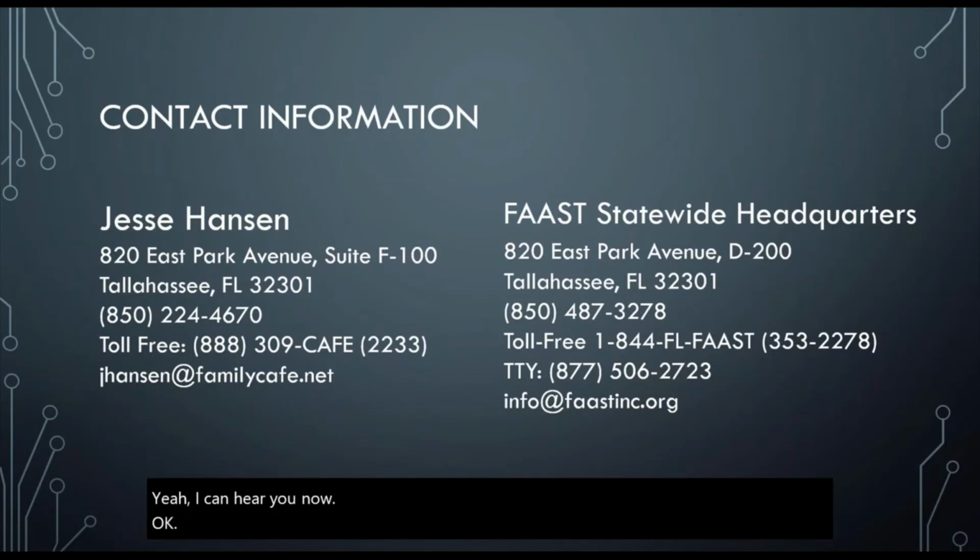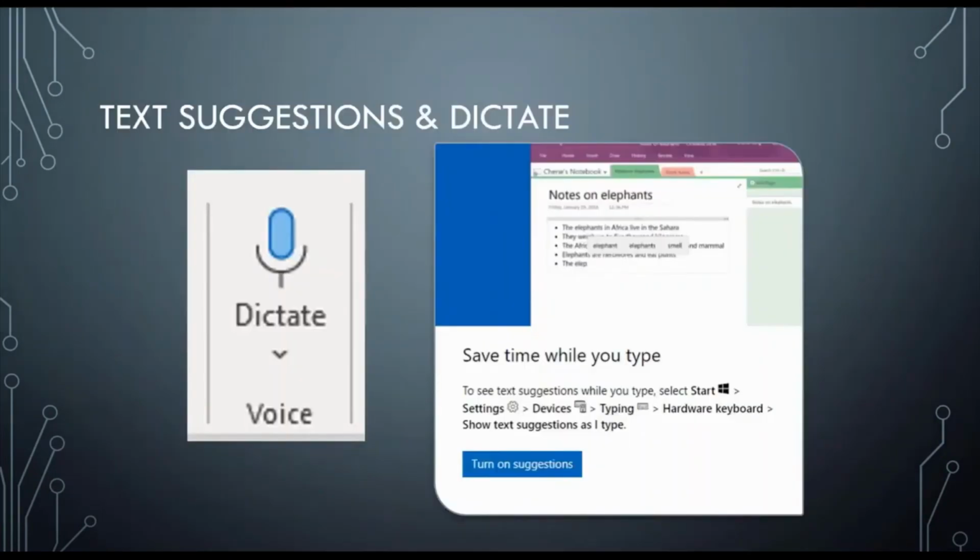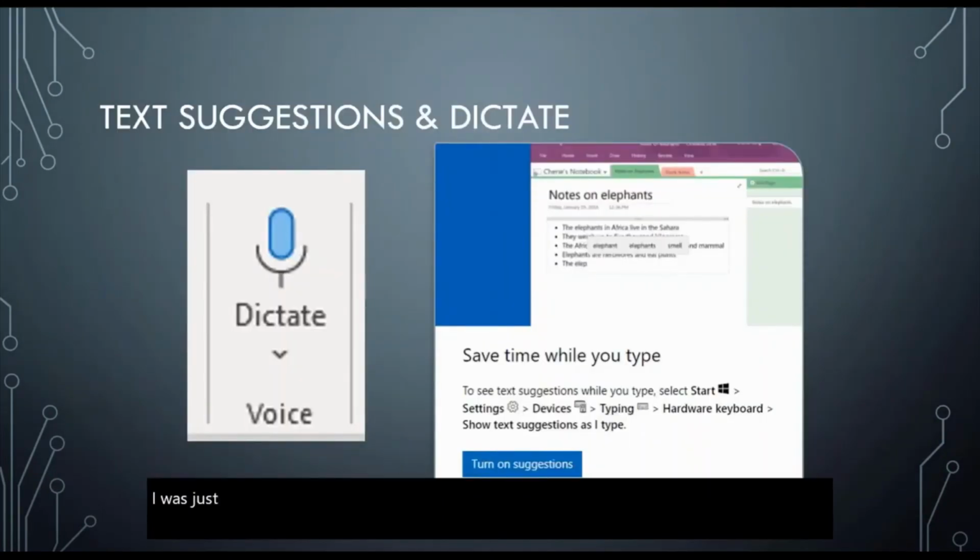You said something a few minutes ago about when you're going to the dictate, and you were saying it had nothing to do with the other program, and I missed something there. I was saying that the dictate that is built into Microsoft Office is separate from the dictate that's built into Windows.